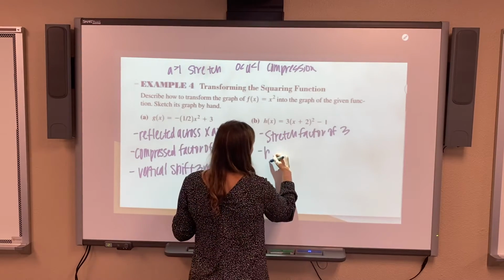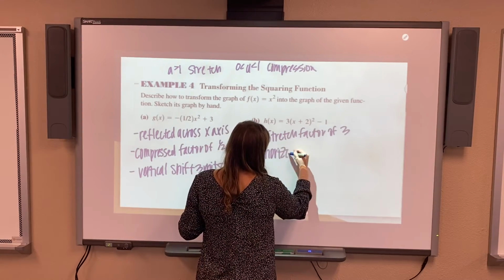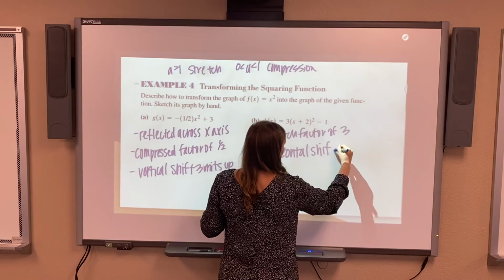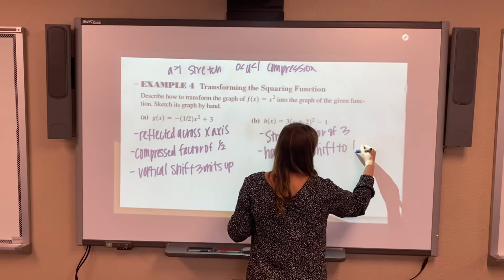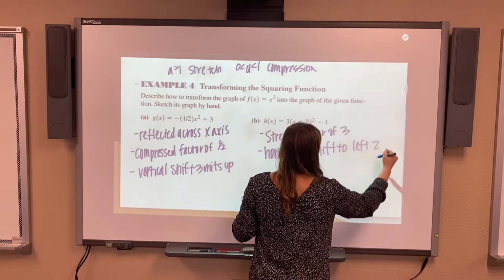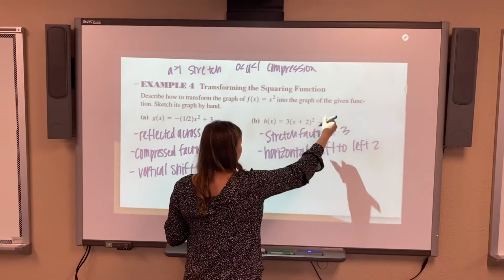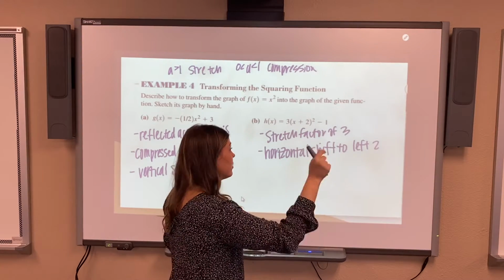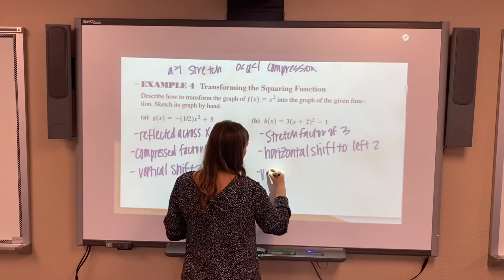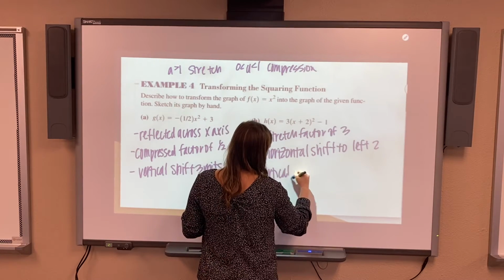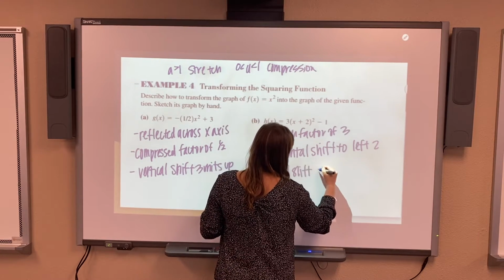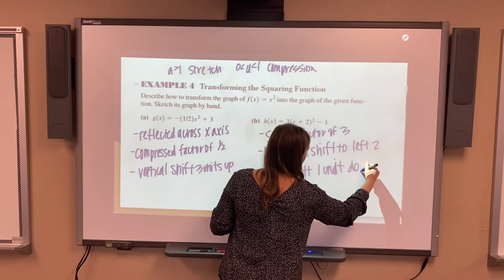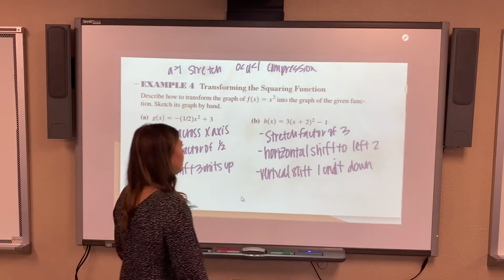So horizontal shift to the left 2 units. And then the minus 1, sorry, is your k. That is on the outside, at the end, so that's down, your vertical shift 1 unit down.